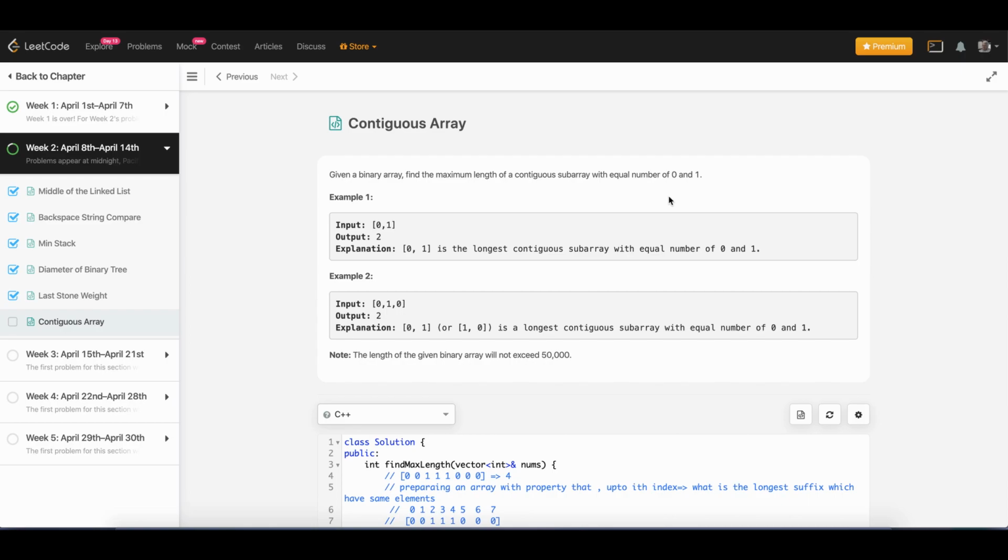We solved it earlier. Now let's solve this problem with no requirement that 0 and 1 should occur contiguously. They may occur anywhere in the array, and the subarray length we are considering should have equal number of 0s and 1s.